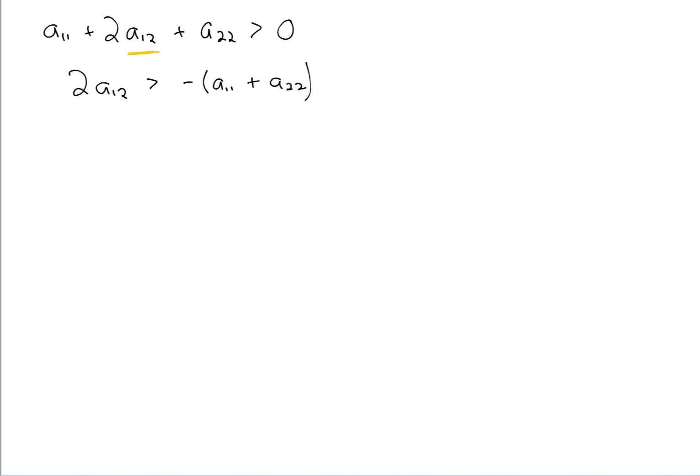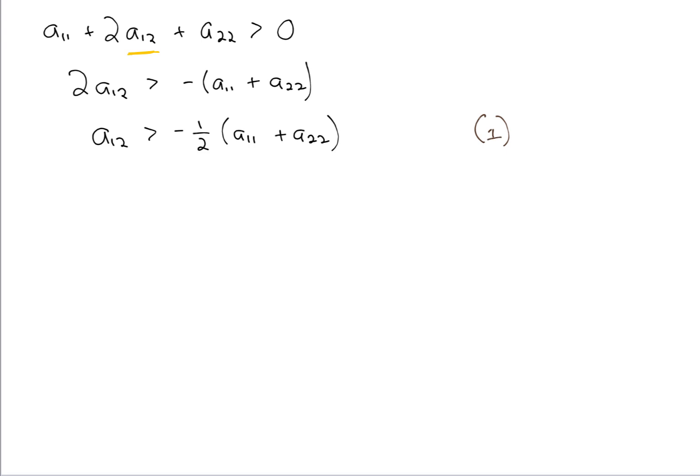And we can divide both sides by 2, and we get A12 is greater than negative 1/2 times A11 plus A22. And let's label this as equation 1.